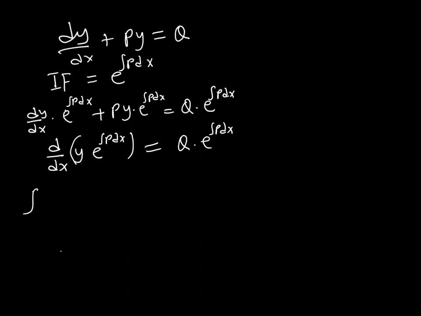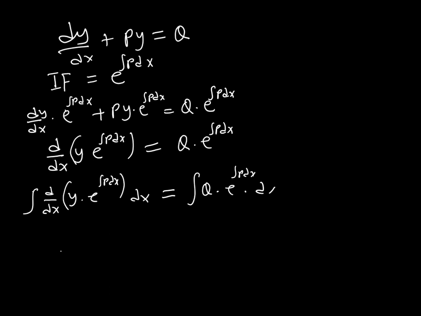So when you integrate both sides, you have d by dx of y times e to the integral of p by dx, with respect to x, equal to the integral of q times e to the integral of p by dx, with respect to x.